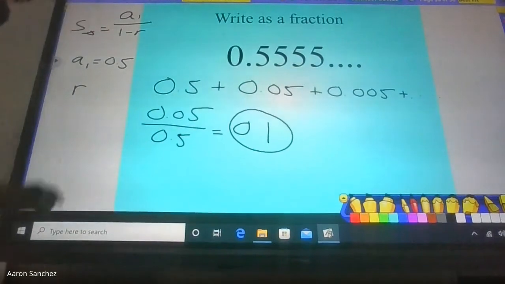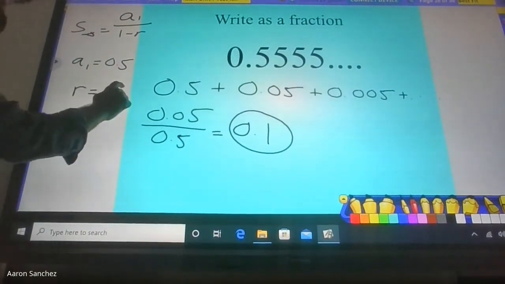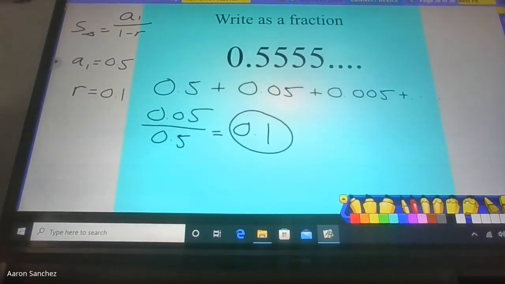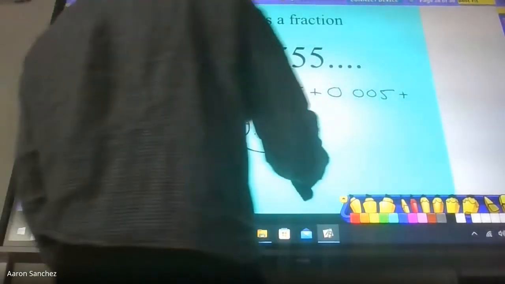That's my r. Do it in a calculator if you don't believe me. So a sub 1 is 0.5 all over 1 minus 0.1.